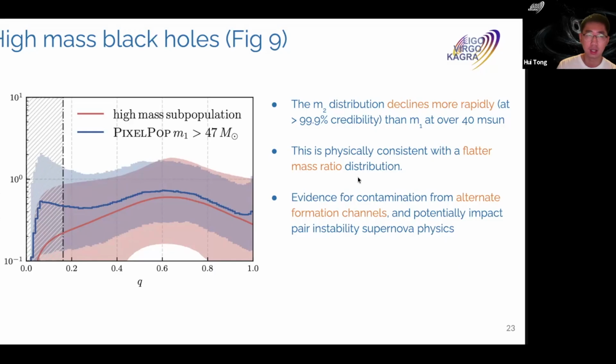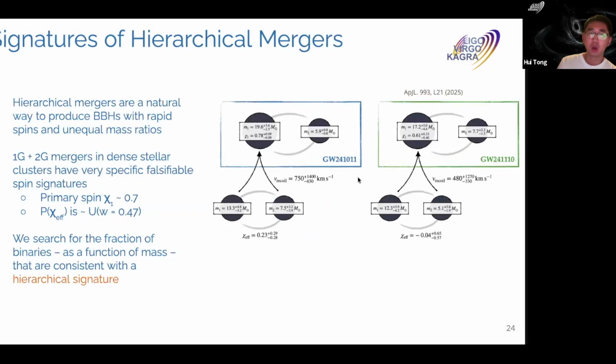So next slide. One common contamination channel for those high mass systems that people widely consider is hierarchical mergers. Some fraction of the remnants of previous binary black hole mergers in dense stellar environments can be retained and merged with another black hole again. We call such repeated mergers hierarchical mergers.